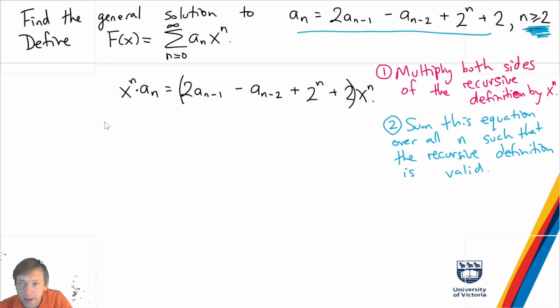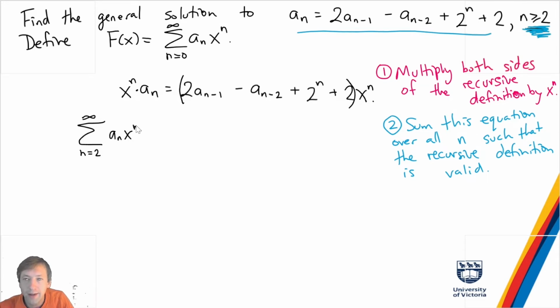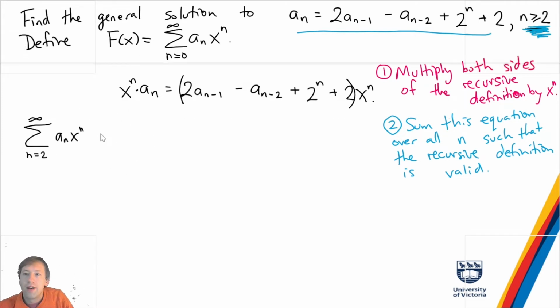So the left side ends up being the sum n equals 2 to infinity of a_n x^n. Let me give myself a bit more space because I'm going to have a lot of sums. This is now equal to the sum from n equals 2 to infinity.